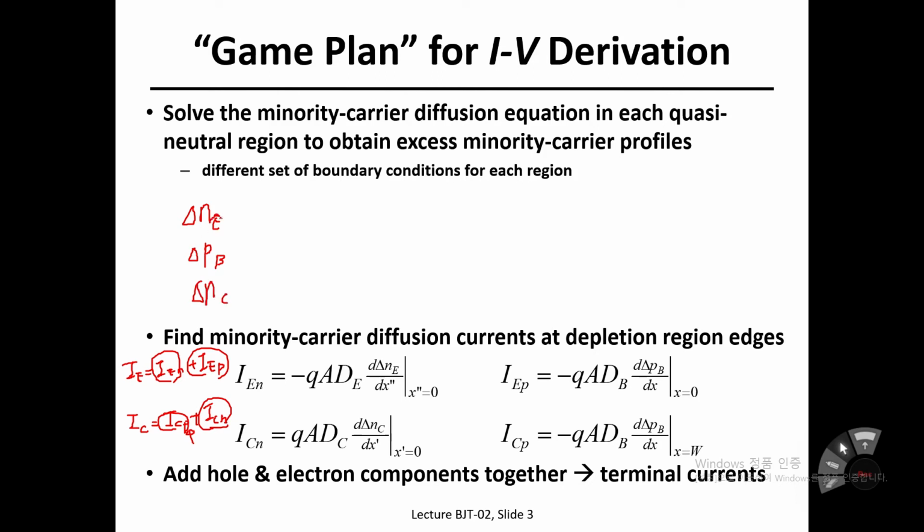So that is, the emitter is definitely p-type, right? Since we are talking about the PNP BJT. So emitter is p-type. So in the p-type region, the minority carrier is definitely electron. So excess electron concentration in the emitter. And base is definitely n-type. So minority carrier hole, how much hole concentration has been increased or decreased.